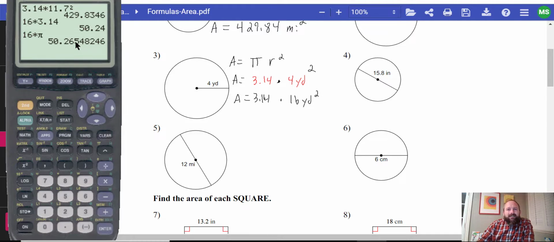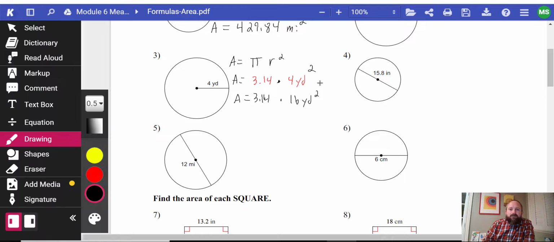So yeah, it's going to be a little off, but that's okay. Normally we'd go to the thousandths place, and that will be fine. If you put 3.14, it'll be easier for everybody. So I get 50.24. Let's write it in, 50.24. But wait, once again, it's yards, but it's square yards.